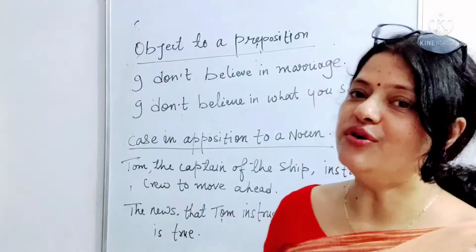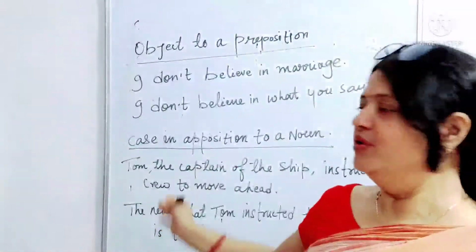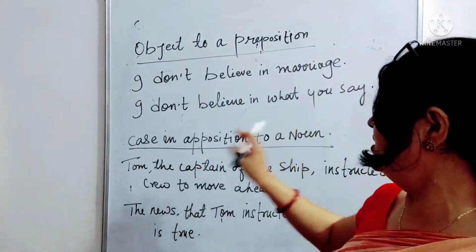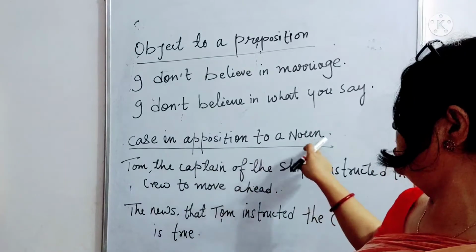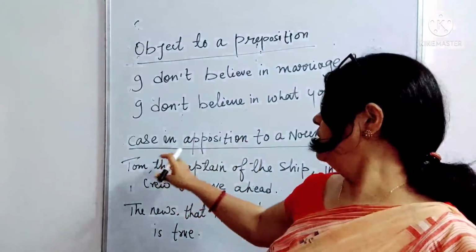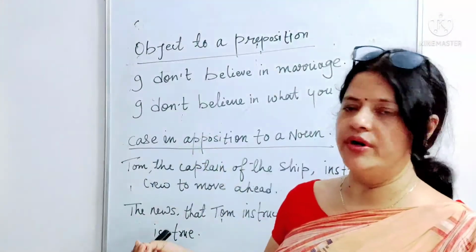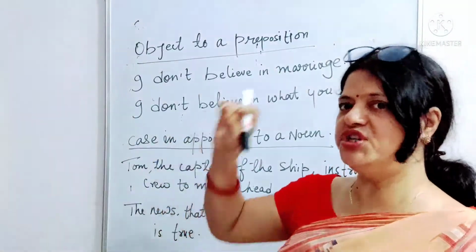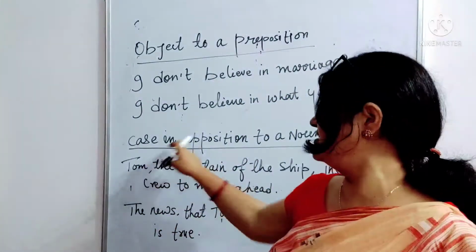Okay, so next two more works of a noun, we'll see, object to a preposition and case in opposition to a noun. It can be a phrase in opposition also, or noun in opposition, whatever you call it. Actually, noun in opposition, phrase in opposition is called case in opposition.